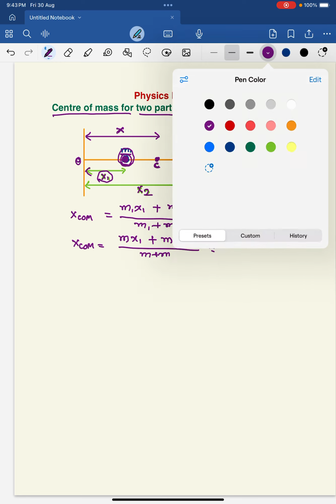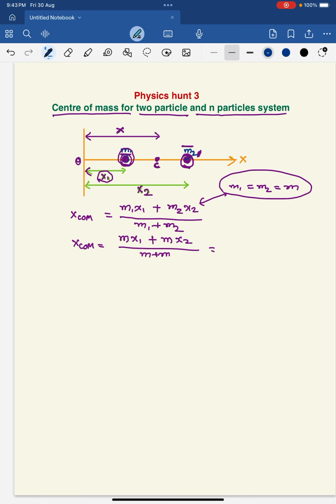In the numerator m is the common term, so take m outside: m into x1 plus x2 divided by 2m. The m in the numerator and denominator cancel. Therefore, x center of mass is equal to (x1 plus x2) by 2.